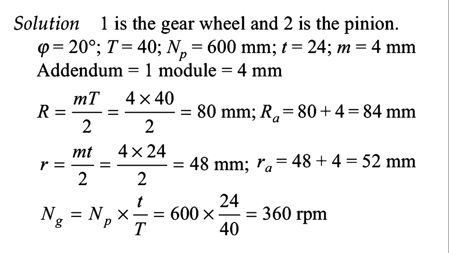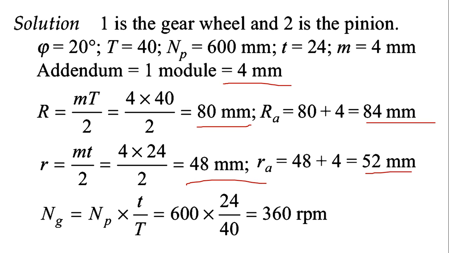So first you calculate the radius. Addendum 1 module means directly 4 mm. So radius is 80 mm, then adding 4 to that, the addendum circle radius is 84 mm. Then small r you get 48 mm, then RA you get 52 mm.